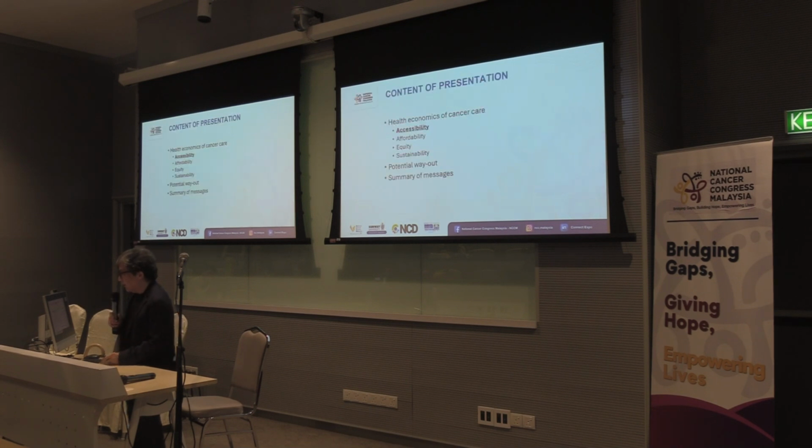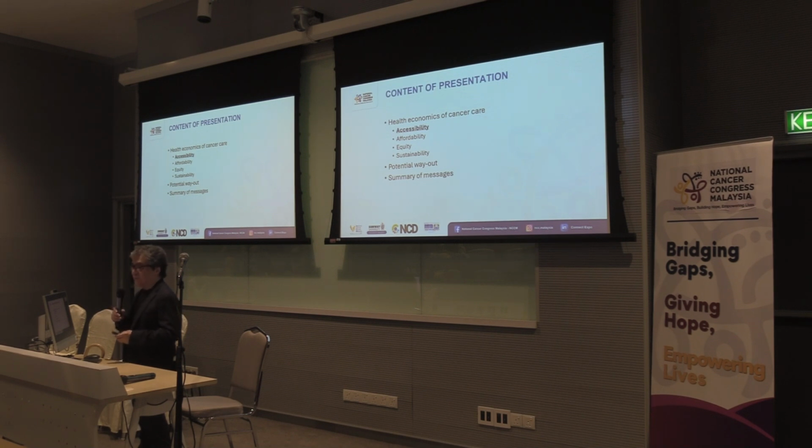This is the overall content of my presentation over the next 20 minutes or so. Health economics of cancer care is a huge area, but essentially it can be roughly categorized into 4 big areas, namely accessibility, affordability, equity, and sustainability. I've only been given 20 minutes.